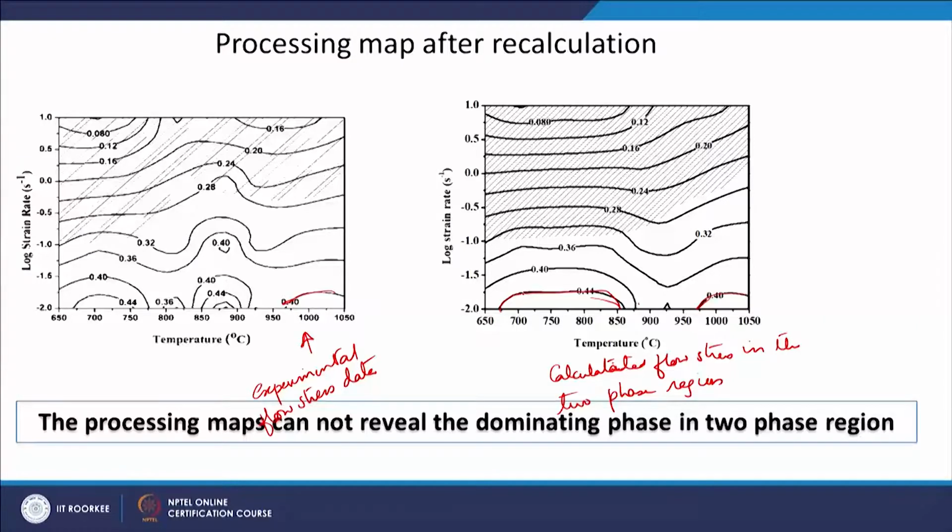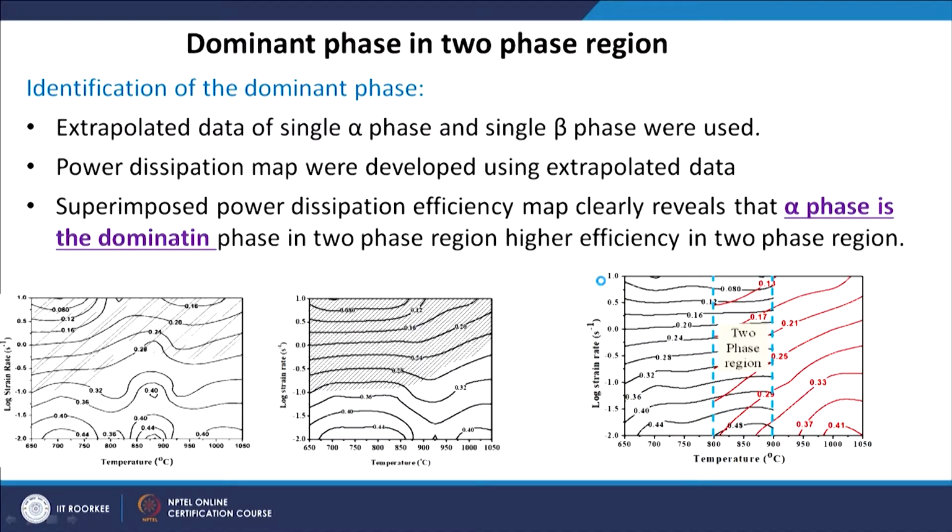confirmation, but still the problem is that I still do not know whether from the processing map the recrystallization is taking place in the alpha phase or beta phase. Still it is able to show that where the recrystallization is there in the microstructure, I should get my efficiency as high, but which one is the dominant phase? So, for that we did a simple thing that we plotted the extrapolated stress, which we already had for alpha and beta phase separately.